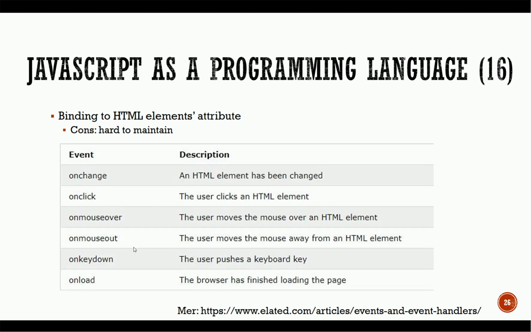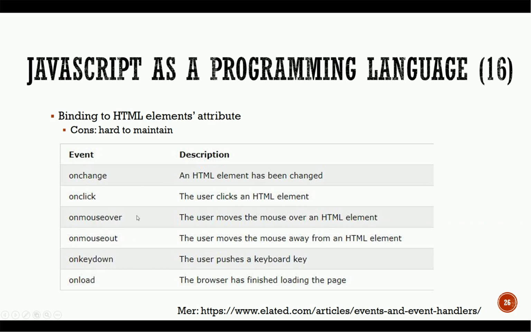So here you see there are different events, HTML properties that can trigger JavaScript functions. We mentioned onclick, but there can also be onchange, onmouseover, onmousedown, and onload, for example.